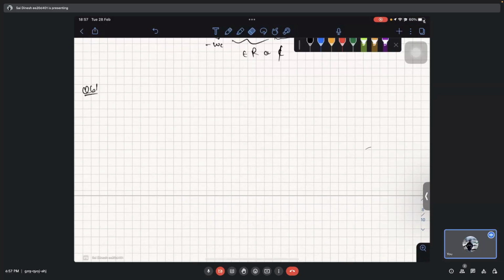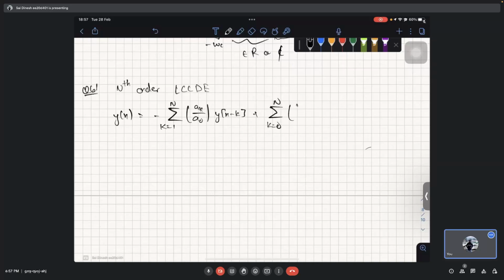A system with LCCDE can be written as y of n is equal to minus sum over k equal to 1 to N of ak by a naught y of n minus k, plus sum over k equal to 0 to M of bk by a naught x of n minus k, right?